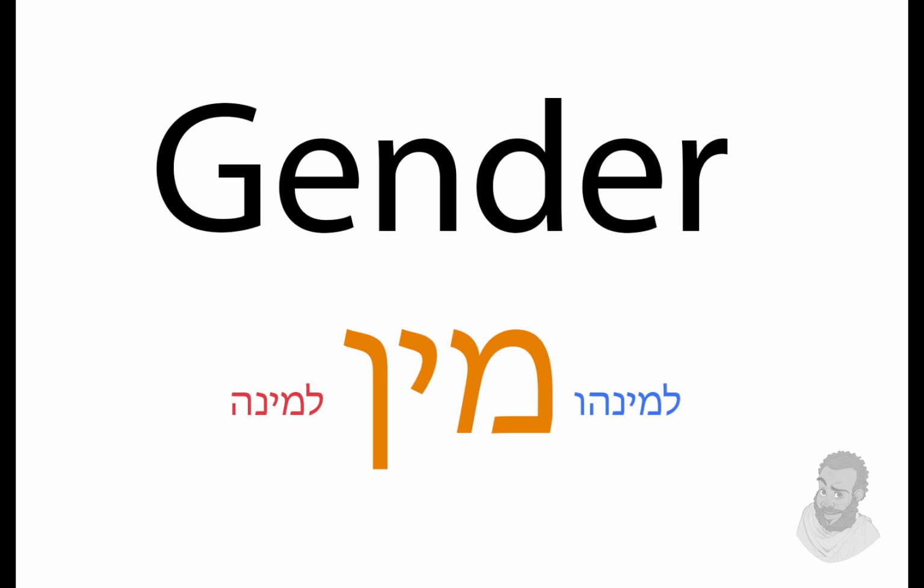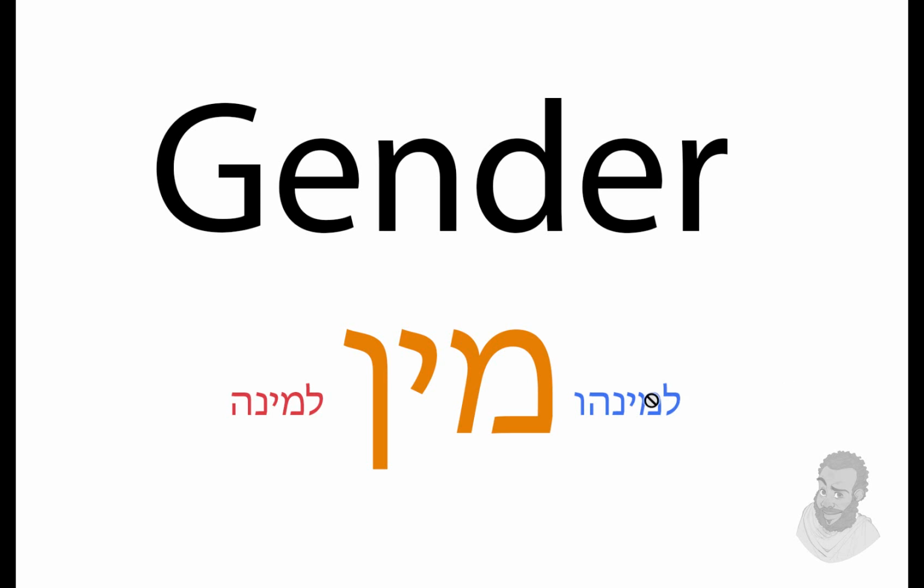If you take away the lamed, the he and the waw, you have min. You have to change this nun to the nun sofith. If you take away this lamed and this he, you have min. Again, you have to change this nun to nun sofith. Okay?